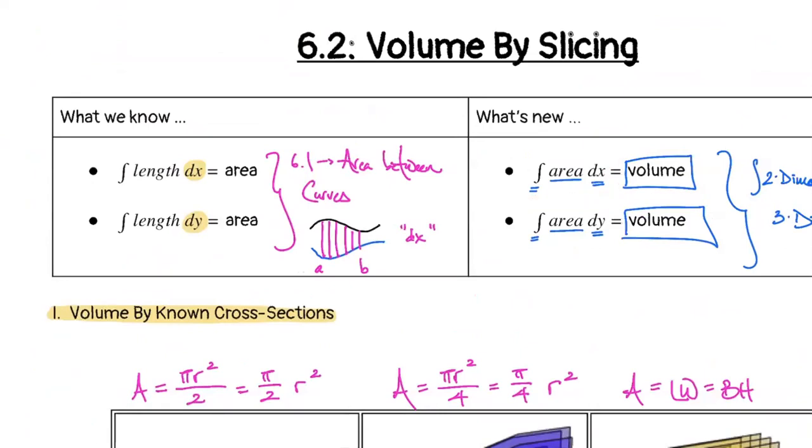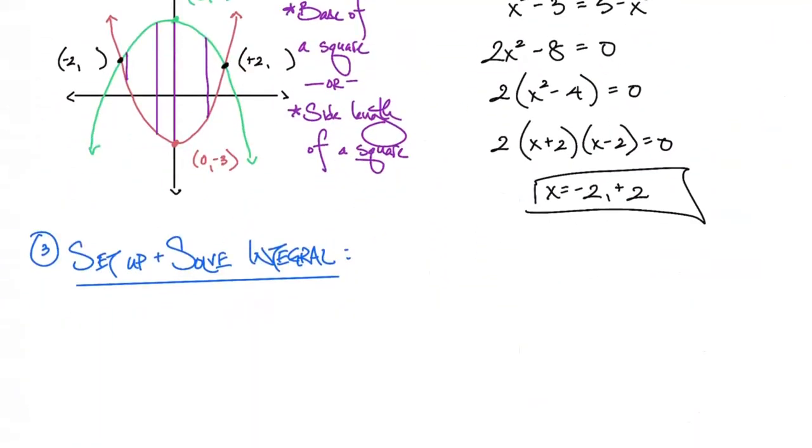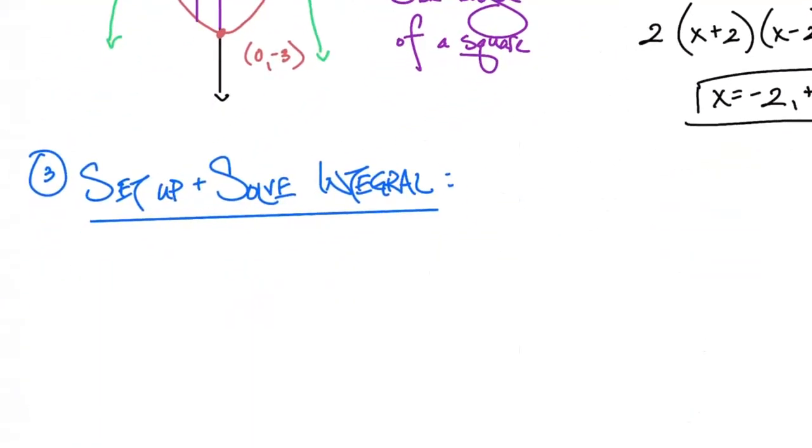Sometimes it's dx, sometimes it's dy. Regardless, volume is equal to the integral of area. So if you're not sure even what to write for your equation, let's start here.